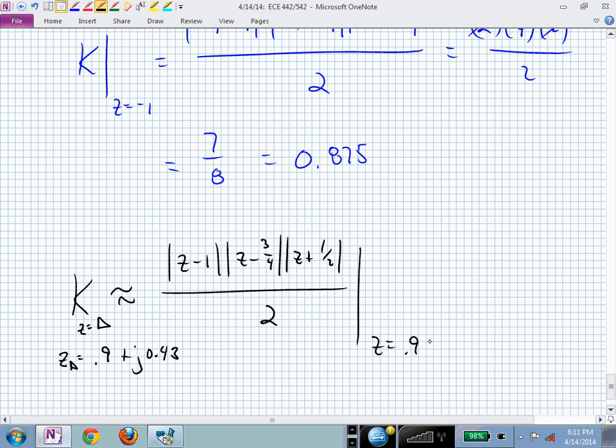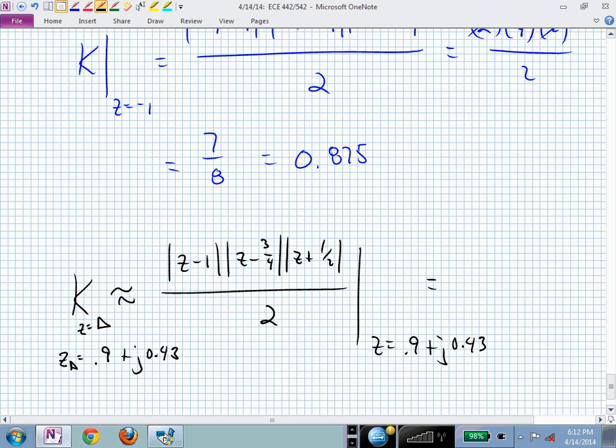You can plug in a complex number for z, because you're just taking the magnitude of that complex number, multiplying those together. If you had dividers, you could set your dividers at that triangle and the pole at 1, measure it, and at 0.75, measure that length, and the other pole, which was at -1/2, measure that. Those are your lengths. Multiply them together, divide by 2, and you get this approximate value for k.